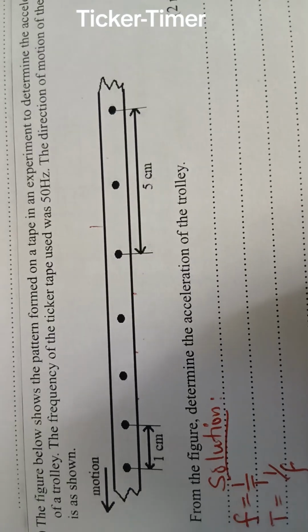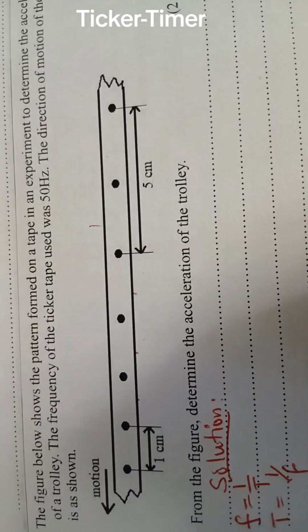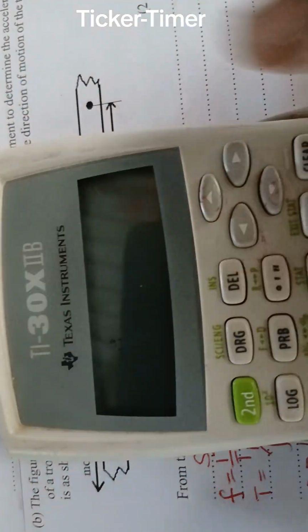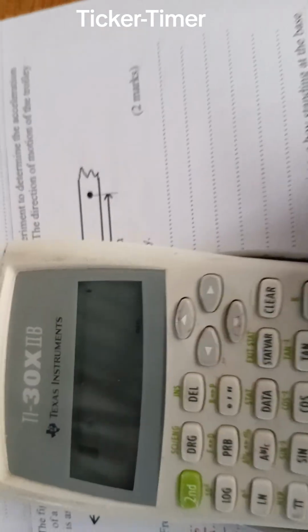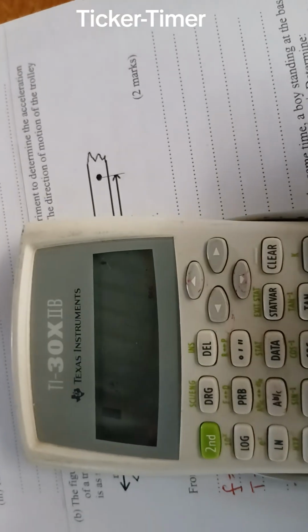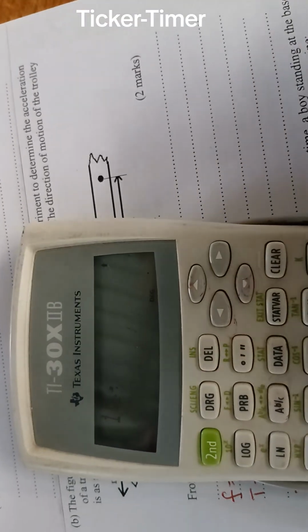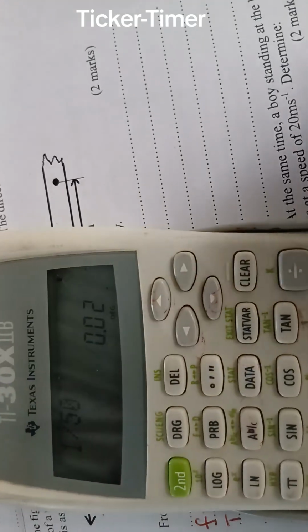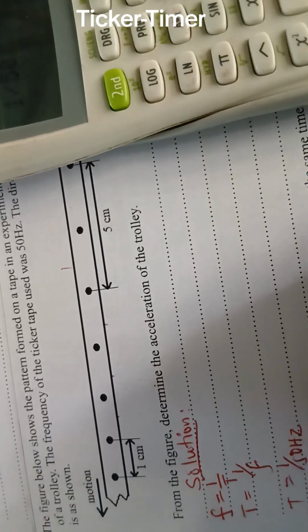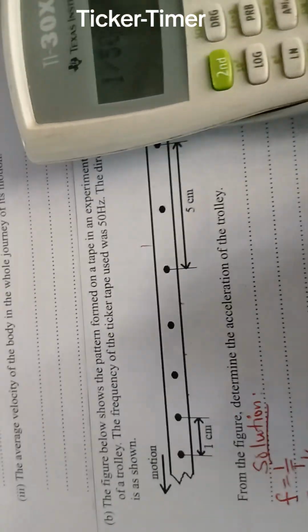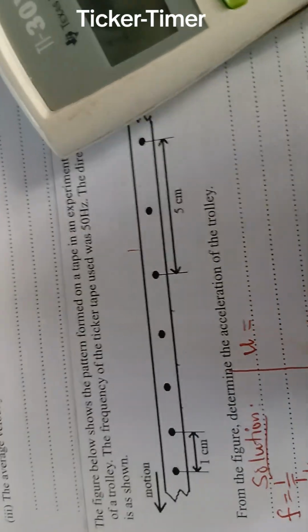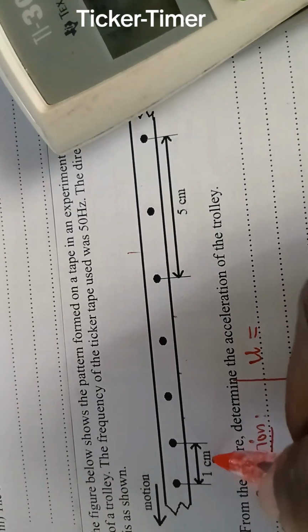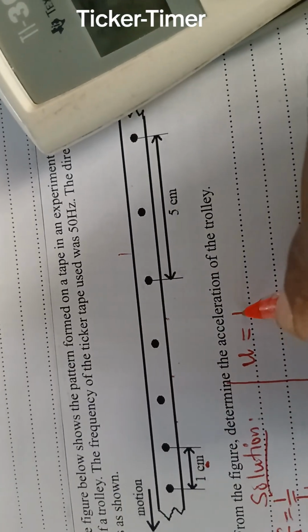So we can get our t using our calculator: 1 divided by 50 will give us 0.02. So 0.02 seconds.